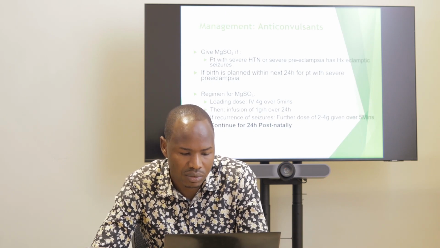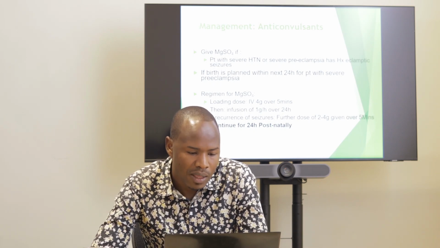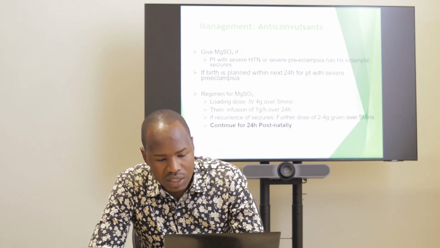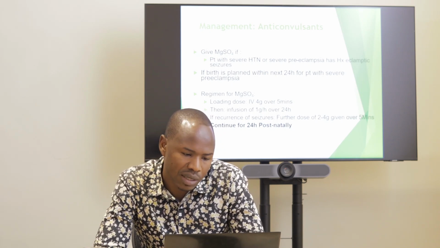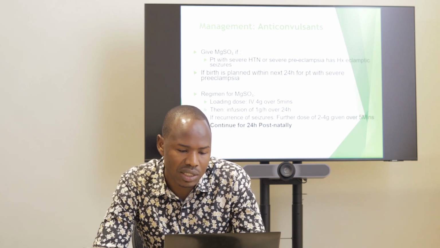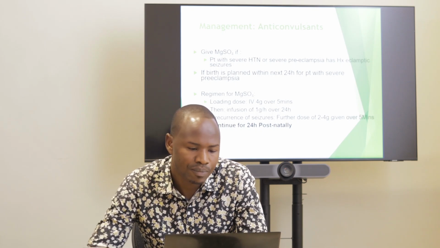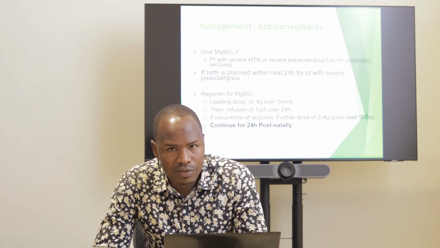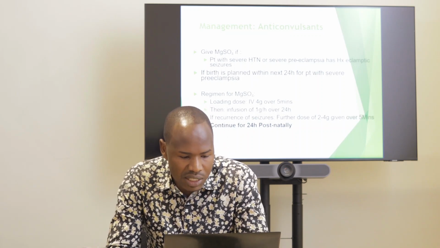If birth is planned within next 24 hours for patients with severe preeclampsia, also you have to give magnesium sulfate. These are the cases where we have to give this magnesium sulfate.